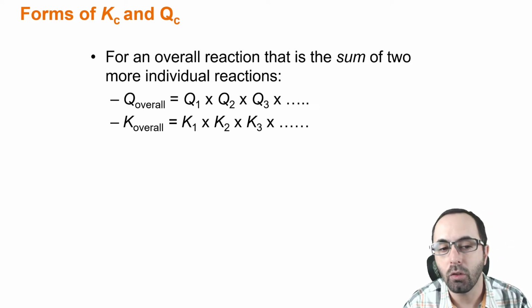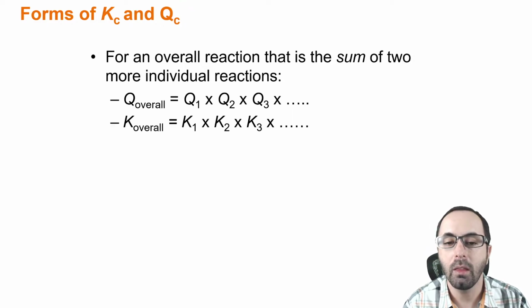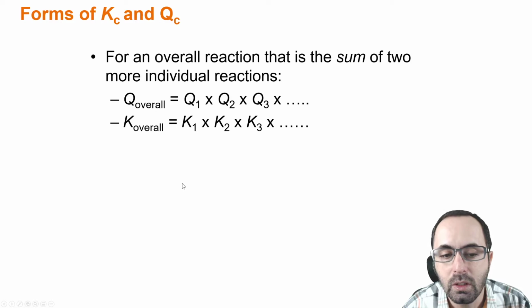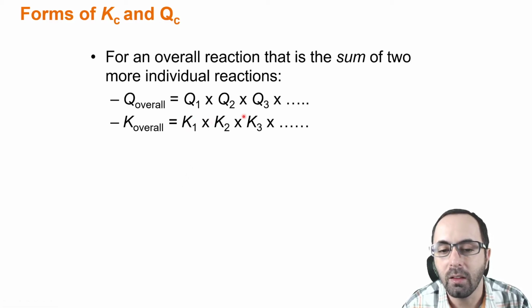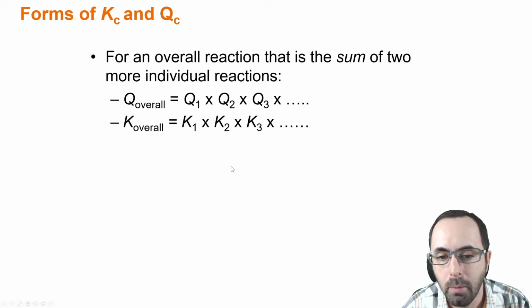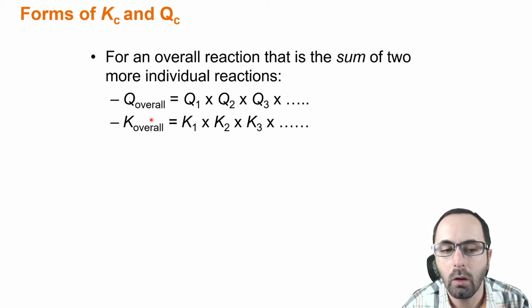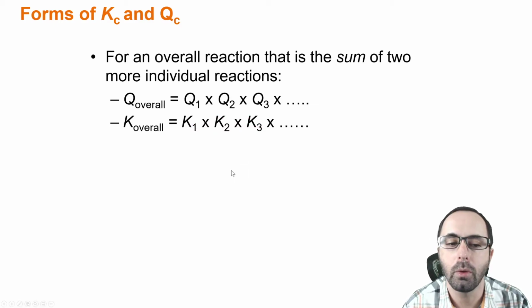We can do that in determining the K's of reactions. If we have the K's of a few reactions, and we can add up those reactions to get another reaction that we're interested in but don't know the K of, then to get the K for the overall reaction, you simply multiply the K's of all the reactions that you added up. Why do you multiply them? I'll show you in a moment with an example. But to get the K overall of a reaction that is added from multiple reactions, you multiply the K's of those reactions.